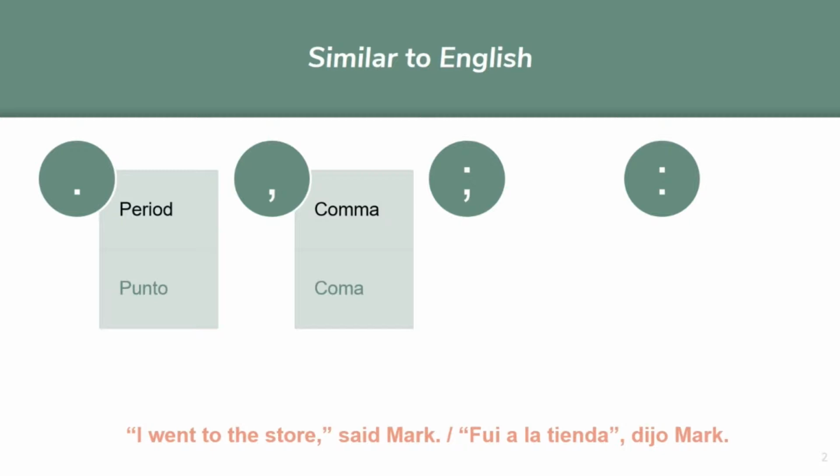But the comma in Spanish isn't used nearly as often as it is in English. So in English, for example, we'll open with a phrase, like if it is raining, that's a phrase. So take the sentence, if it is raining, go inside. If you take that phrase, if it is raining, and you cut it out of the beginning and paste it at the end, you get the sentence, go inside if it is raining.